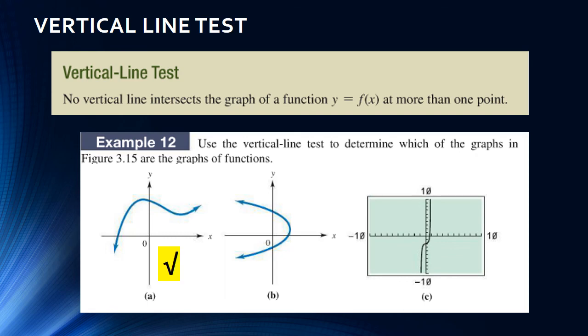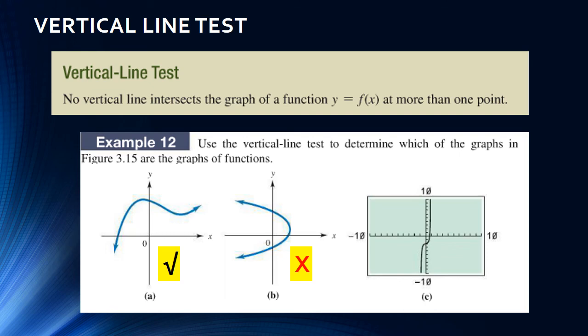So A is a function. Notice in B, we can see automatically that the y-axis is going through at more than one point, so B is not a function. A vertical line only touches a function at one point and one point only. If it touches more than once, it is not a function, like in B.